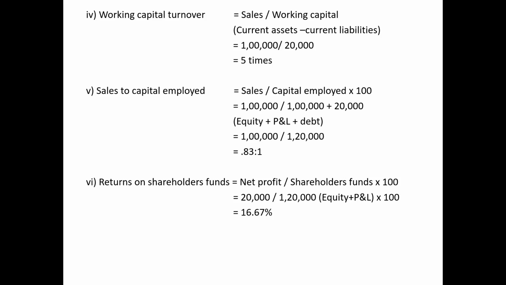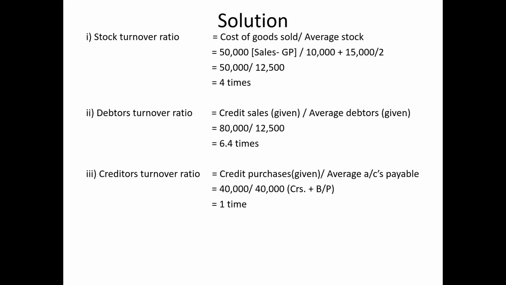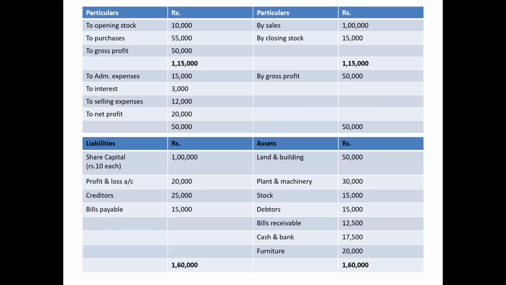Now, sales to capital employed. The formula is itself explanatory. Sales divided by capital employed. Sales you'll see from the trading account, and capital employed you'll get from the balance sheet. Capital employed means complete capital employed: equity, P&L, reserves, debentures, loans, everything you pick up. Now, what is given here? Here in the balance sheet, only share capital and P&L are given.